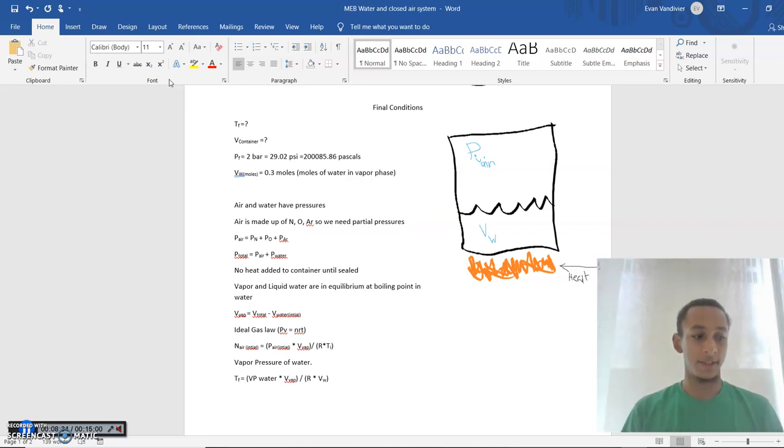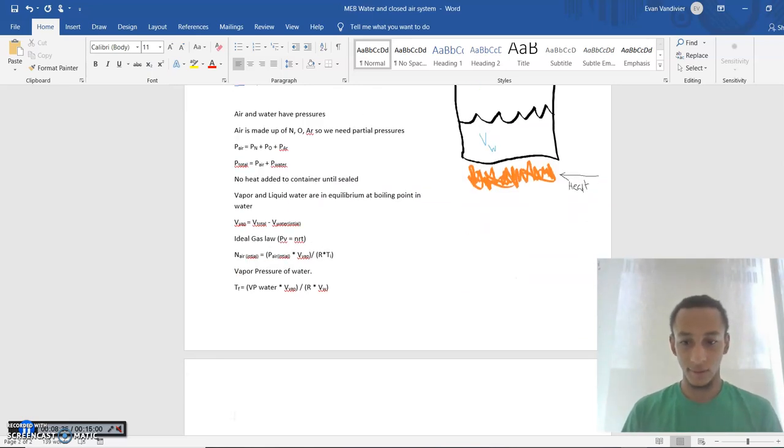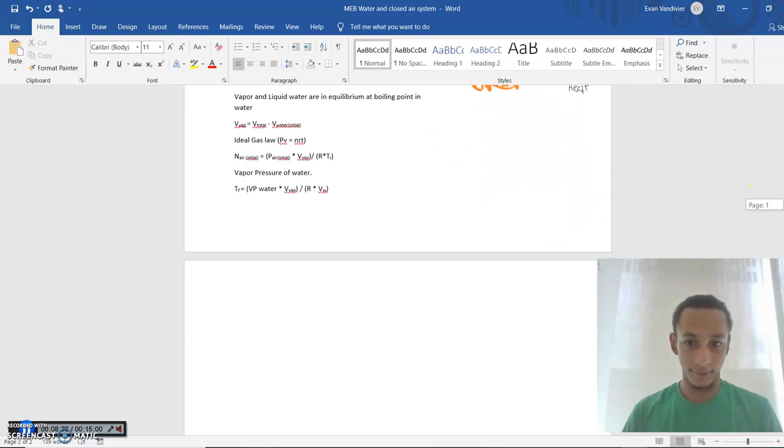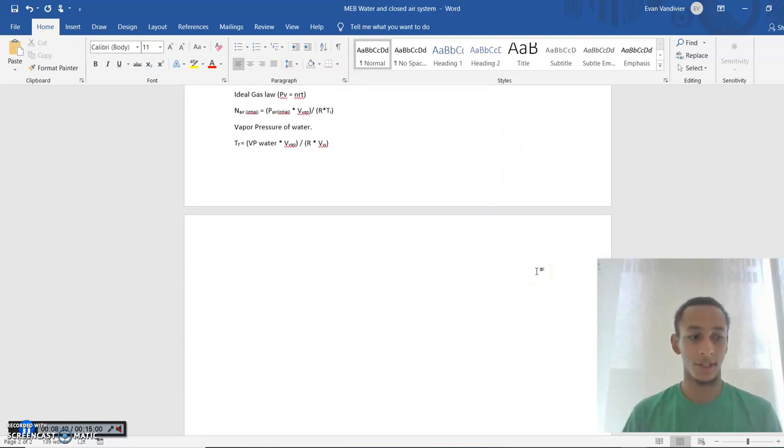And to get V container, let's go down. To get the V container, you could do P air times V air.